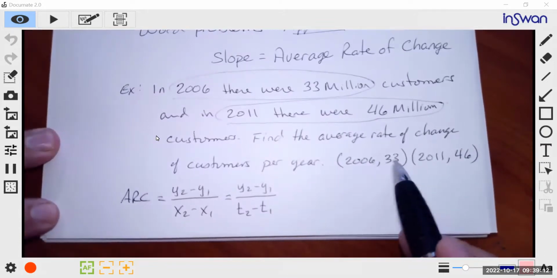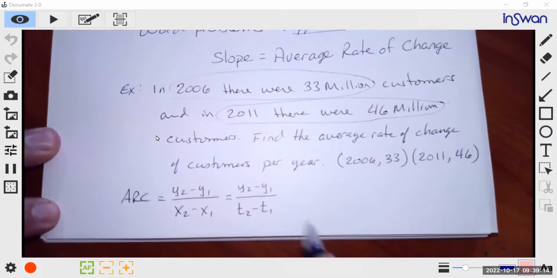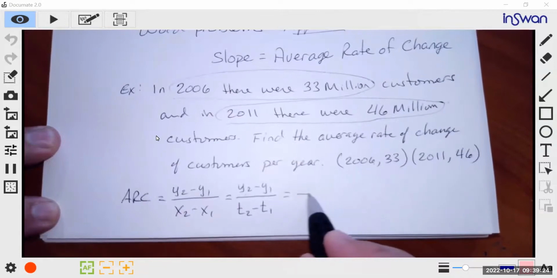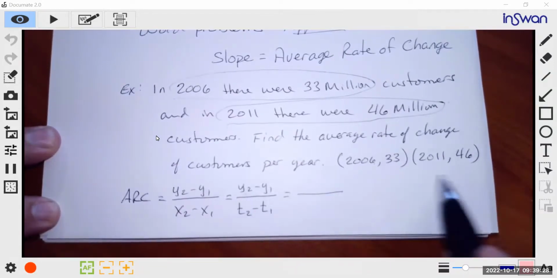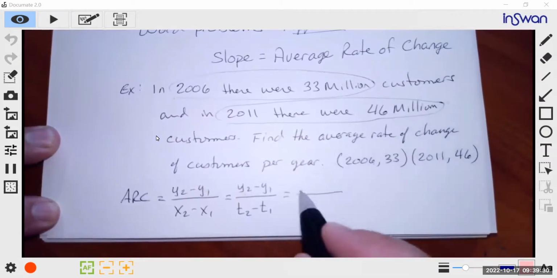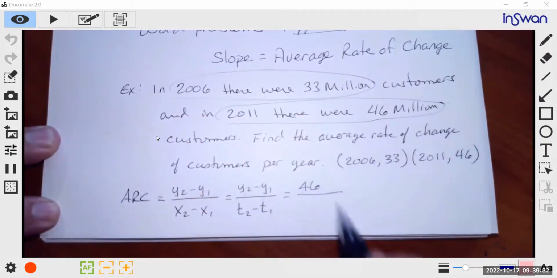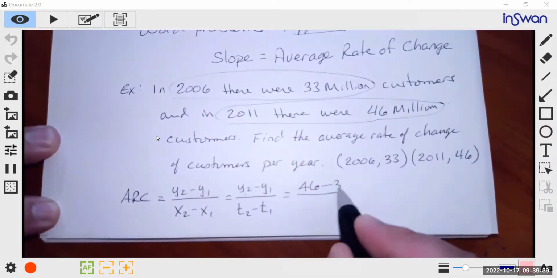x1, y1, x2, y2. So what's y2? y2 is the y value of the second point. Here's the second point. There's the y value. So it's 46 minus y1, the y value of the first point, 33.